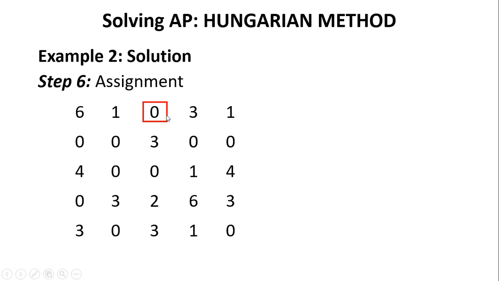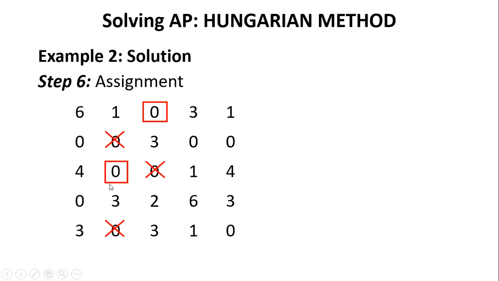Since we have assigned here, we cross this other zero because it is a single job, single machine. Then we check for another row with a single unassigned zero. We have this one. We make the assignment here, and we cross the zero above it and below it, so that no other task is assigned to this subordinate.